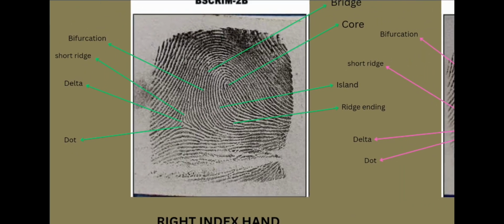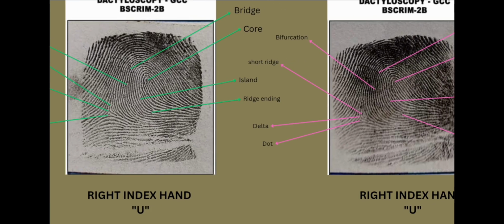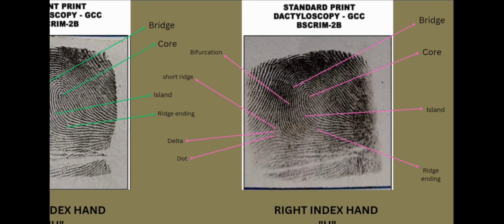And then this is an ordinary loop, on the index finger of the right hand. Then the core is located at the center of the even number.